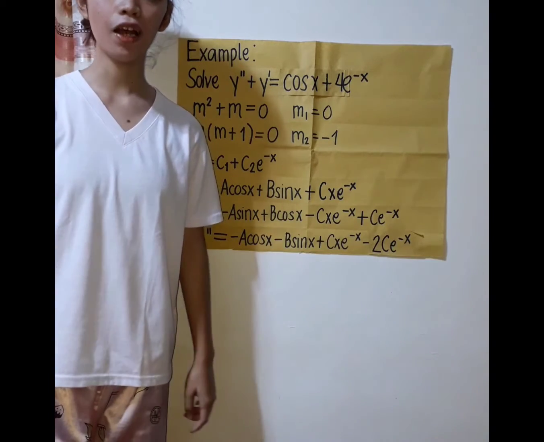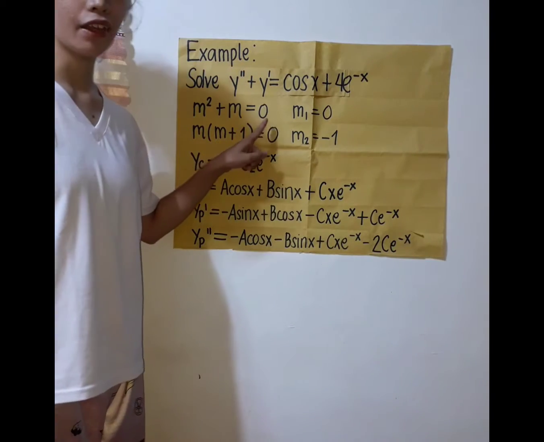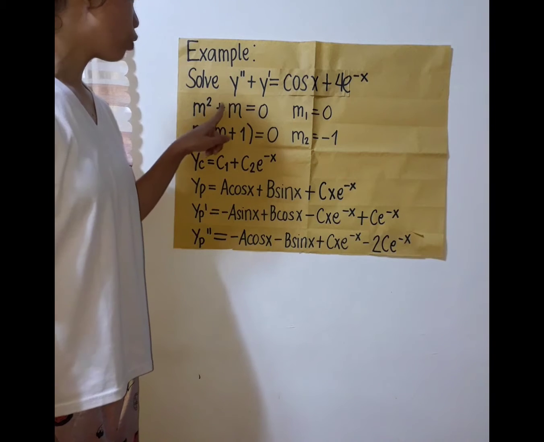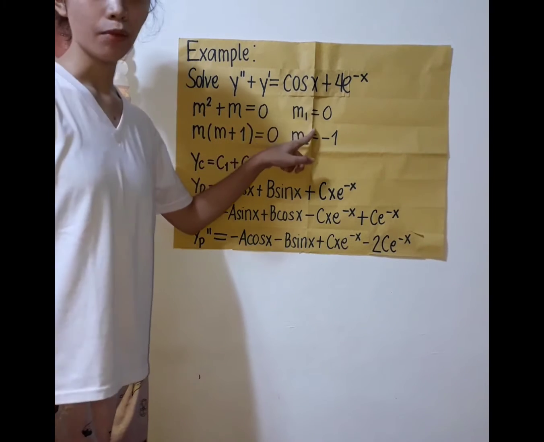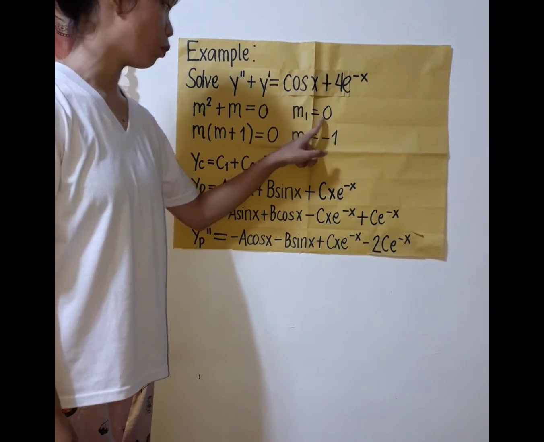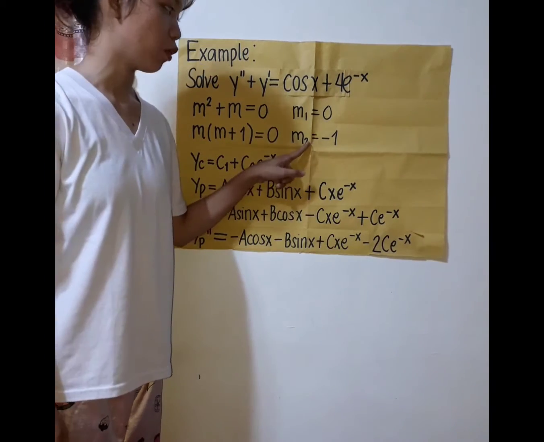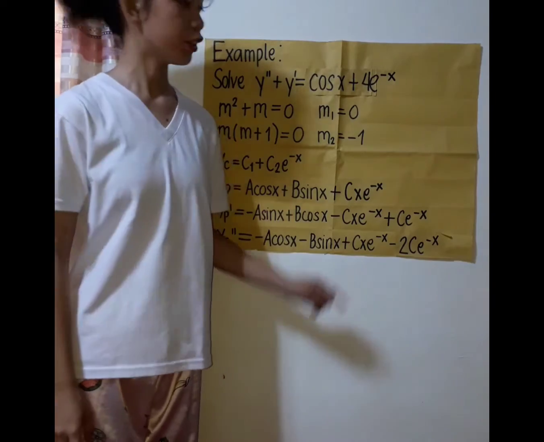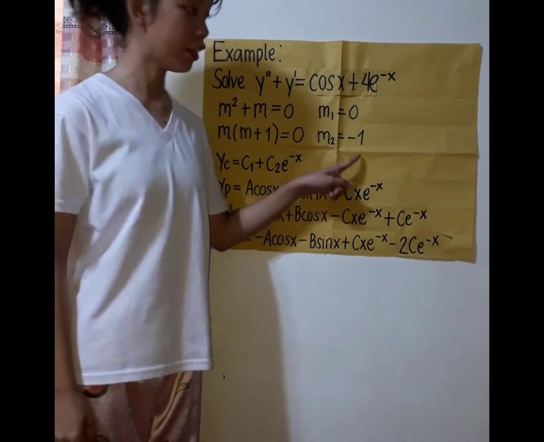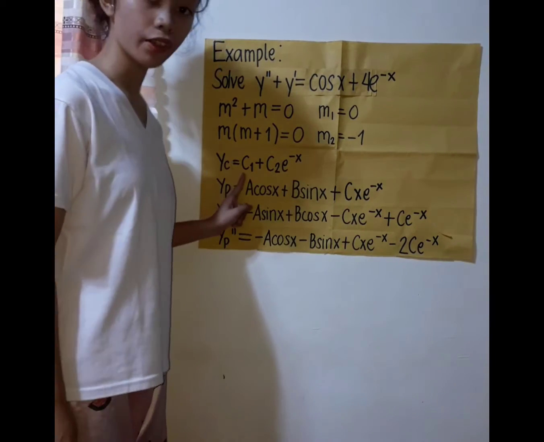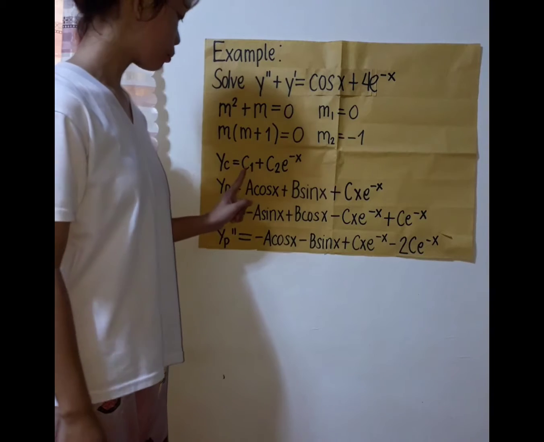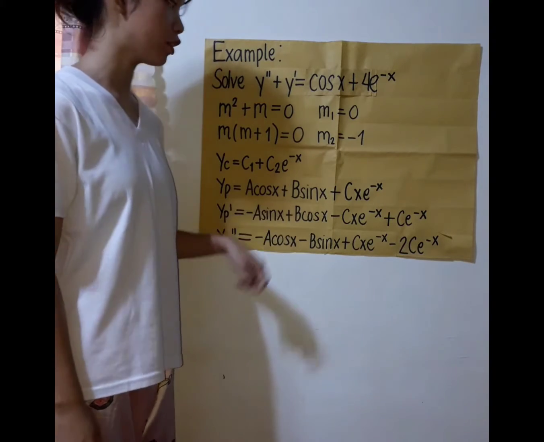So, ang next step natin ay hahanapin natin ang roots niya. Ang roots na to ay magiging m sub 1 is equals to 0, while ang roots naman nitong pangalawa ay m sub 2 is equals to negative 1. So, dahil meron tayong dalawang distinct roots, makakakuha na tayo ng ating YC, which is the complementary solution.